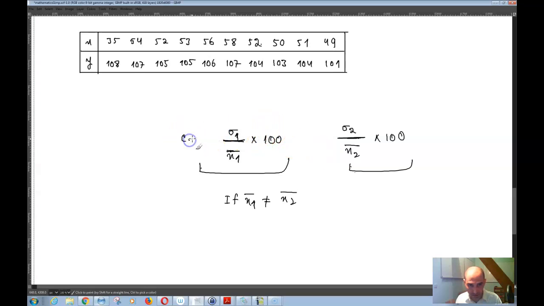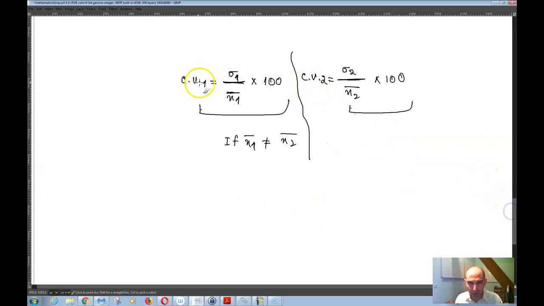You can call it coefficient of variation 1, and you can call this coefficient of variation 2, and you can still compare these two values together. Whichever one is larger, that means that set of observations is more variable. Whichever value is smaller, that means that set of observations is more stable.